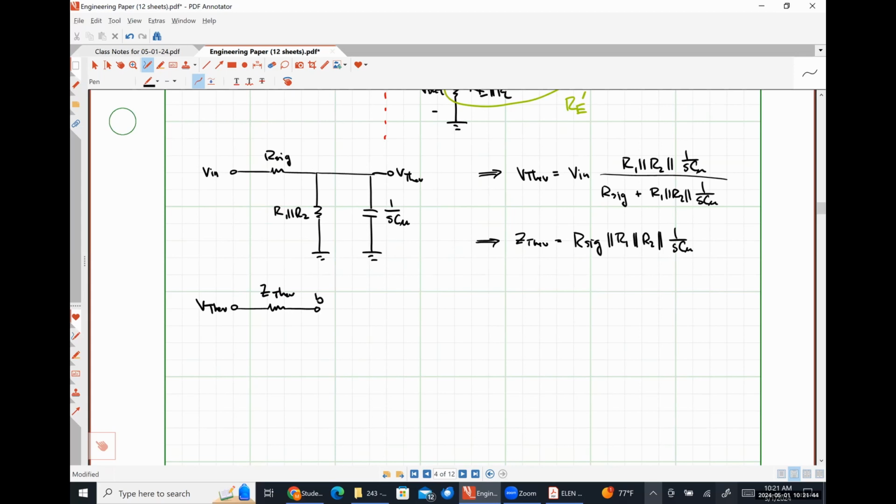Here is our base terminal. Here we have an impedance Z pi over which the voltage drop VBE occurs. Here is GM VBE.